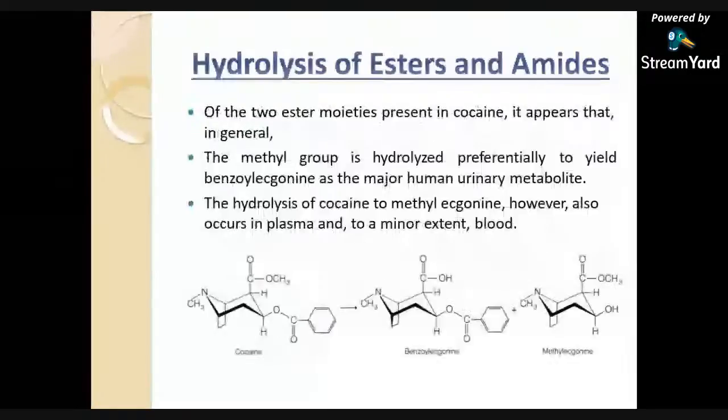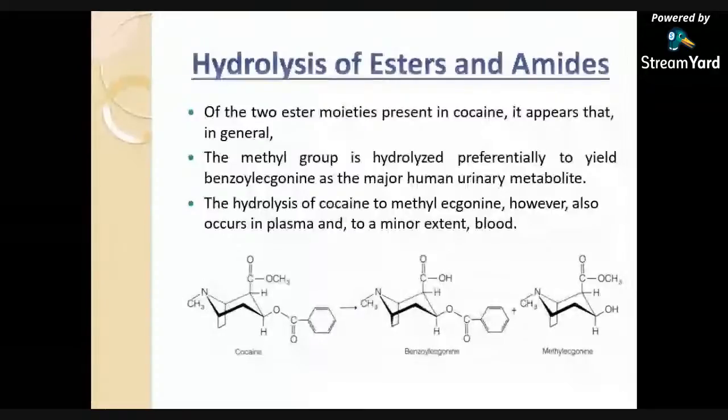Of the two ester moieties present in the cocaine molecule, it appears that in general the methyl ester group is hydrolyzed preferentially to yield benzoylecgonine as the major human urinary metabolite.